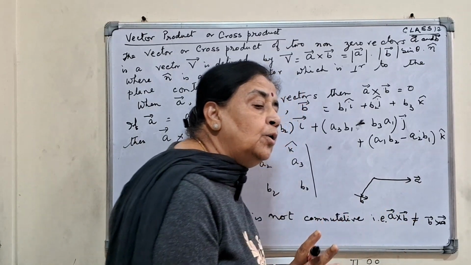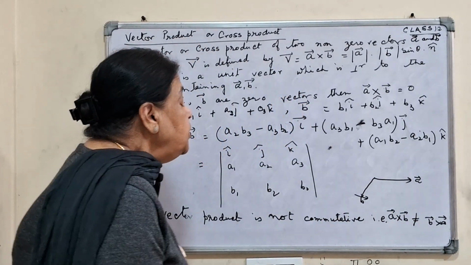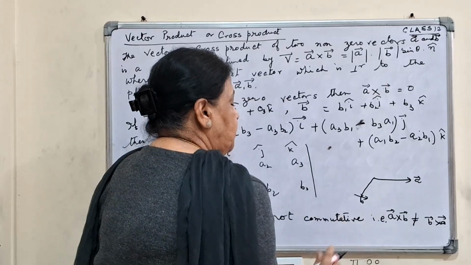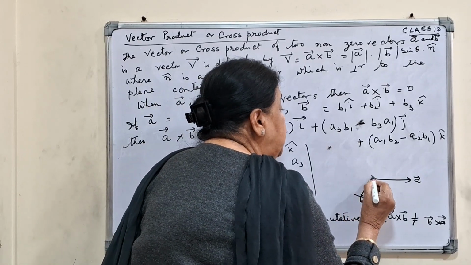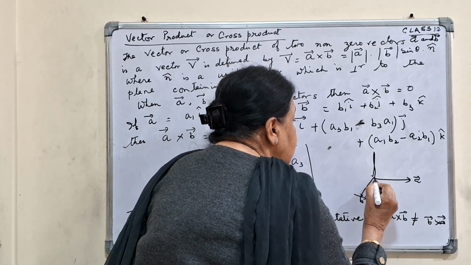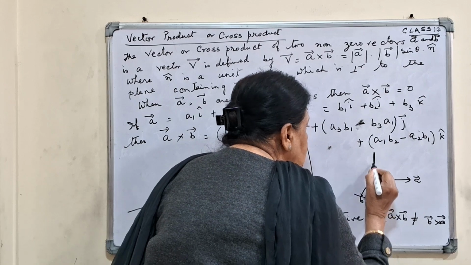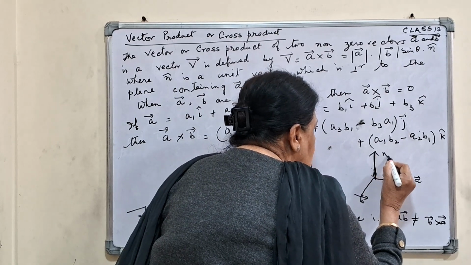Two vectors are always on the same plane. So the vector which is perpendicular to this plane is called n cap.